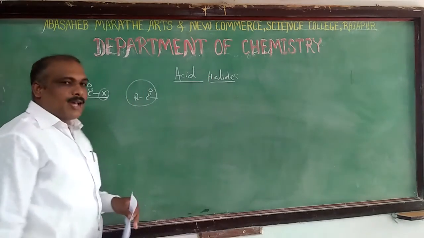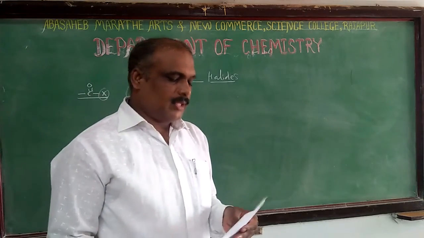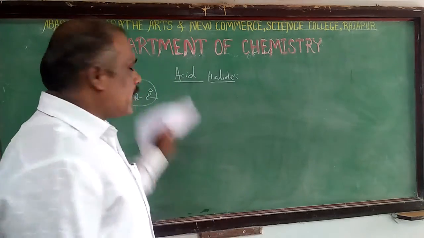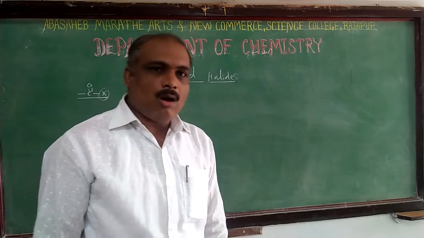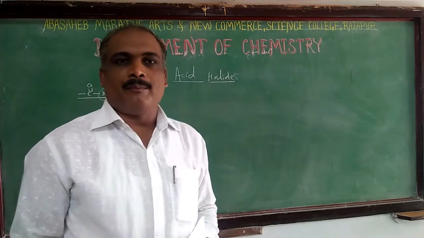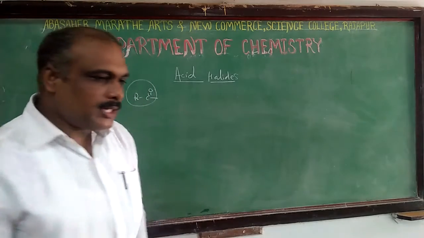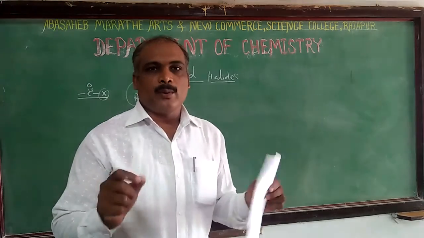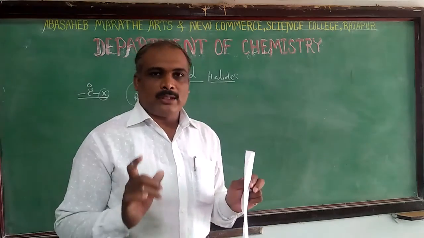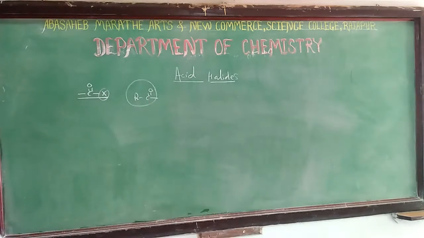Acyl halides are the derivatives of the acids, and therefore various acyl halides can be prepared from these acids. So firstly, we will see how to give the IUPAC name for these acid halides, which are important in this topic.